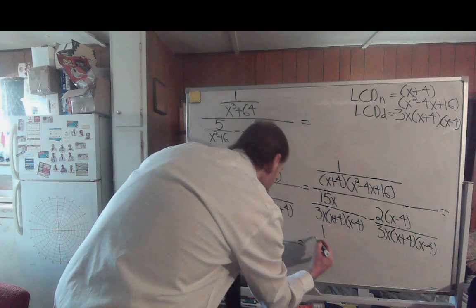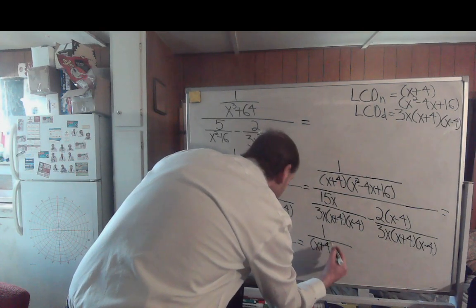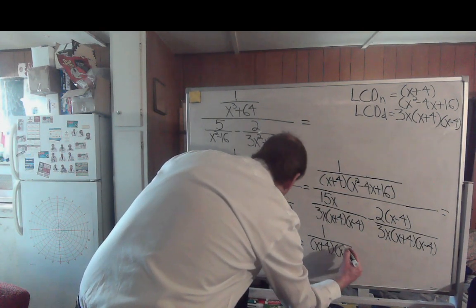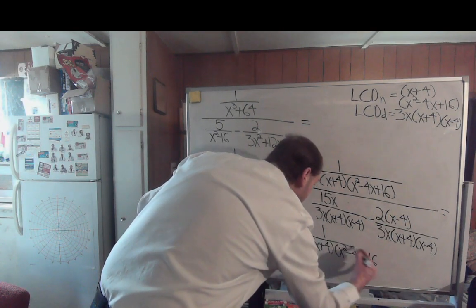This will be 1 over x plus 4 times x squared minus 4x plus 16.